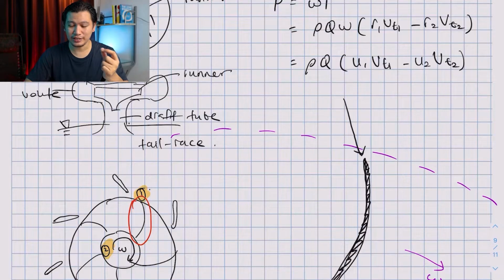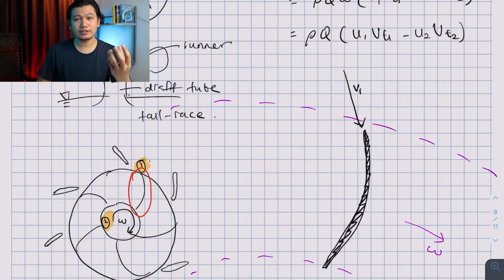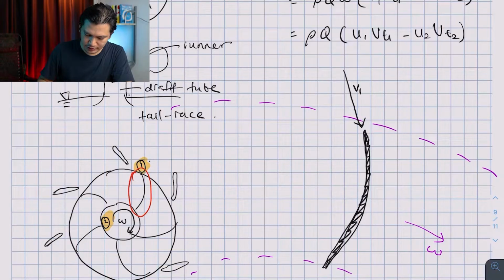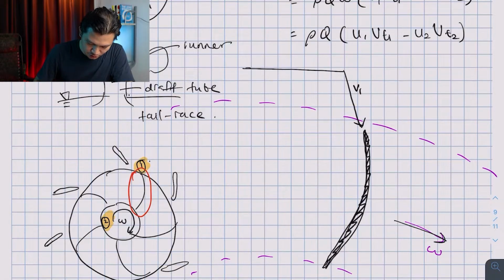It is a small v, right? So this is my small v. And of course, another component that you have is the blade speed. Now, because the rotational velocity is in this direction, I'm pretty sure that my blade will move from left to right. Okay, so this is going to be my U.